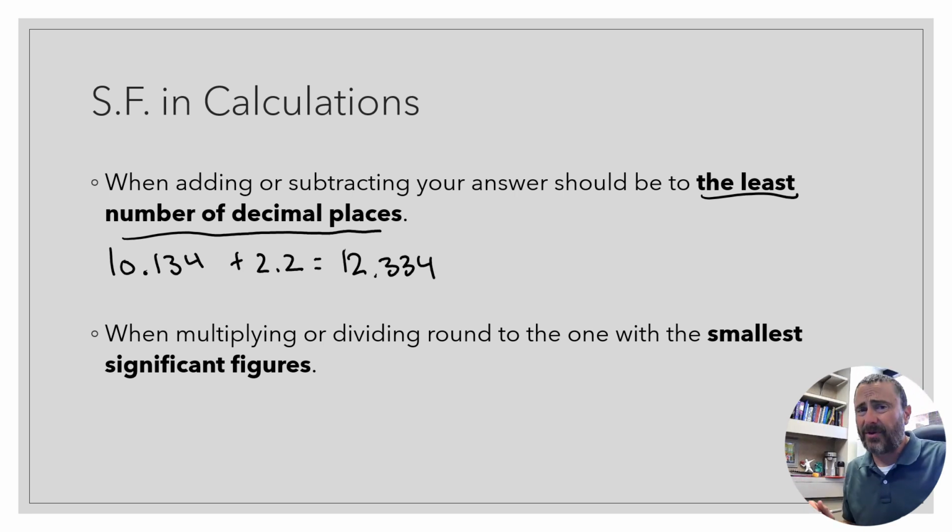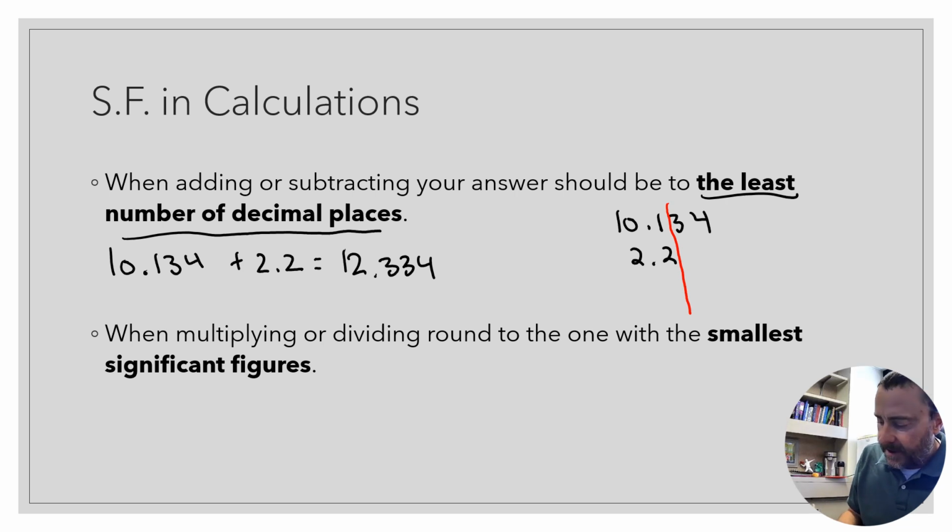But that's not the right answer to the right number of significant figures. When I'm doing addition and subtraction, I like to line them up like I would if I was working this in the second grade. 10.134 and 2.2. That way, I can write a line here that shows where my significant figures end, with the one with the least number of decimal places, which is only one decimal place.